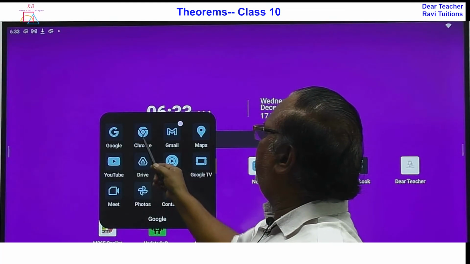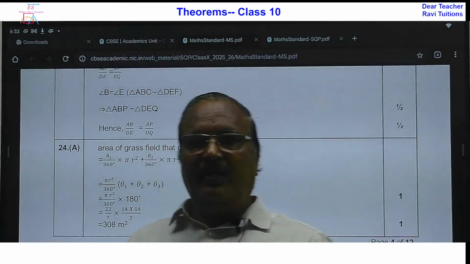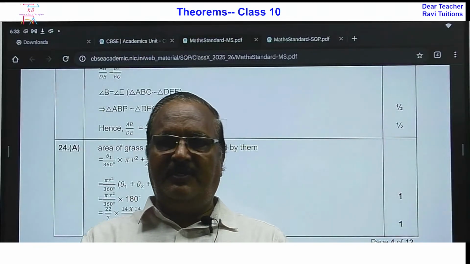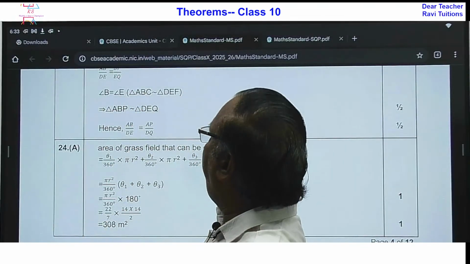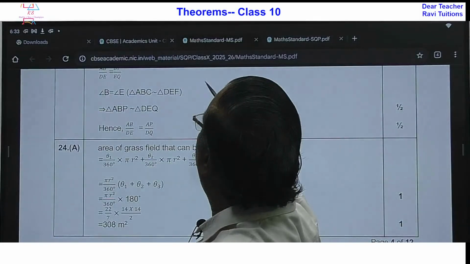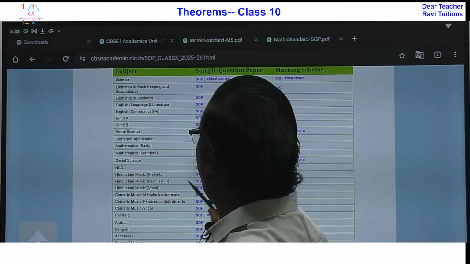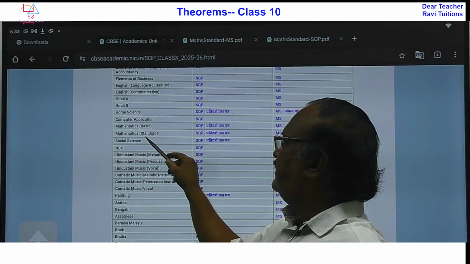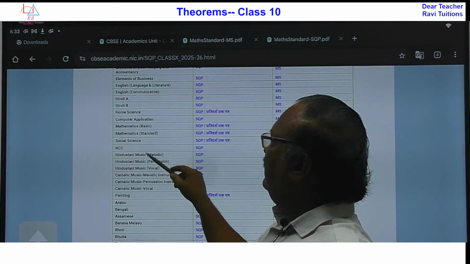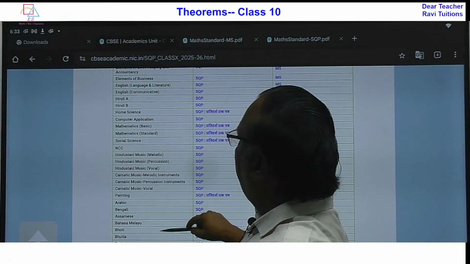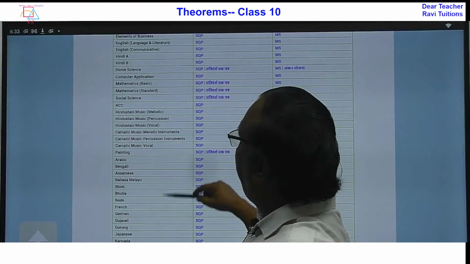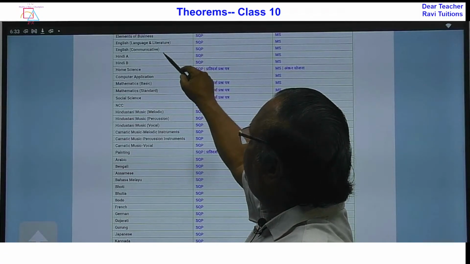If you completely write the CBSE previous year question papers, then definitely it will take you far. Not only maths, there are maths basic and standard, science, social science, and English language and literature and communicative.